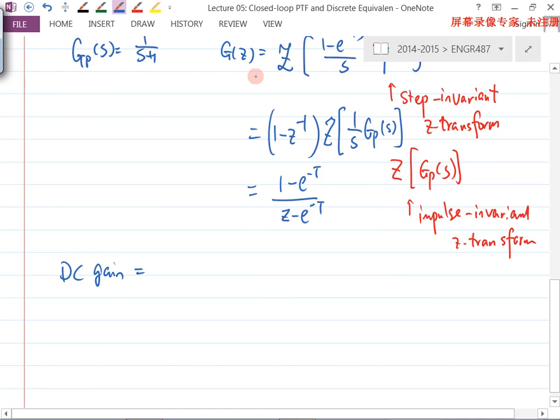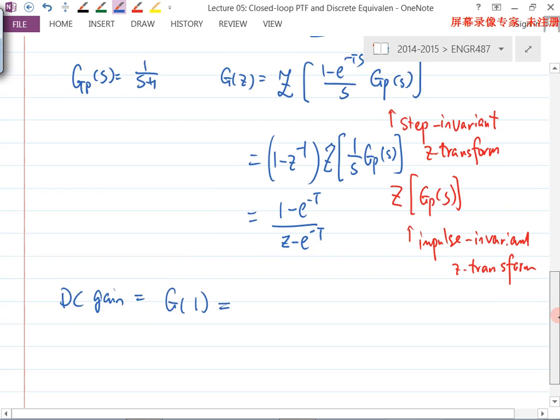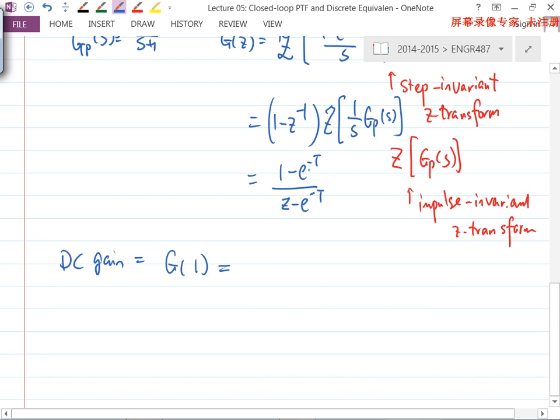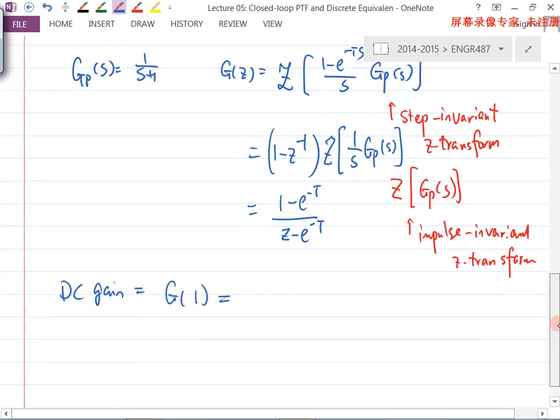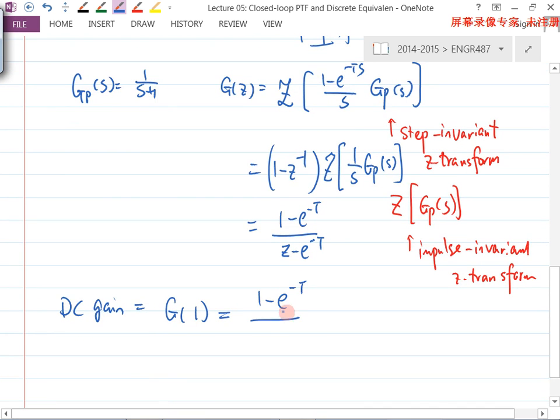So what do we do? This is G, so G at 1. That example has a controller in it, but anyway, let's try this one here. Suppose this is my system, G of 1. So what's G of 1? 1 minus this over 1 minus this, which is 1.